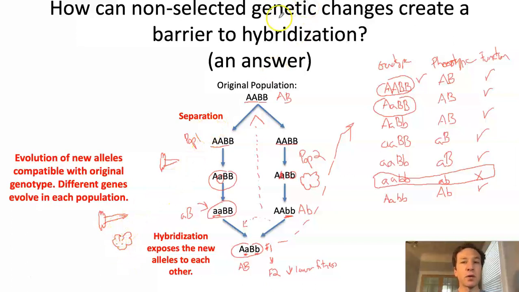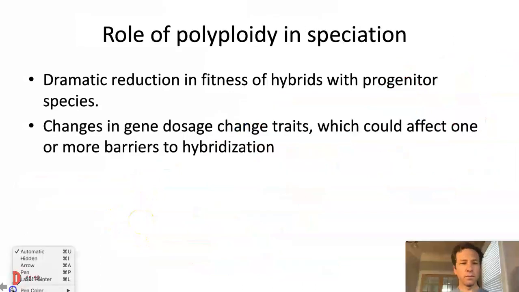So as a result of genetic barriers to hybridization, we can get reinforcement of other differences between the populations that further prevent hybridization and further lead towards these two populations becoming different species.